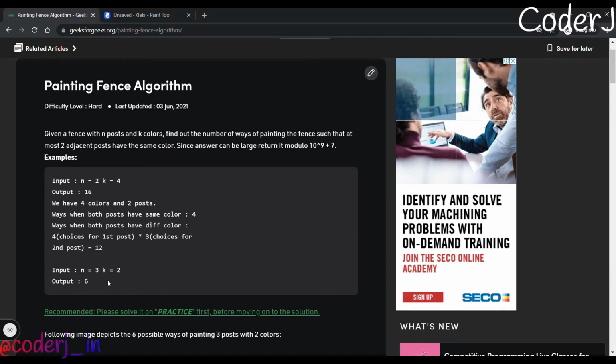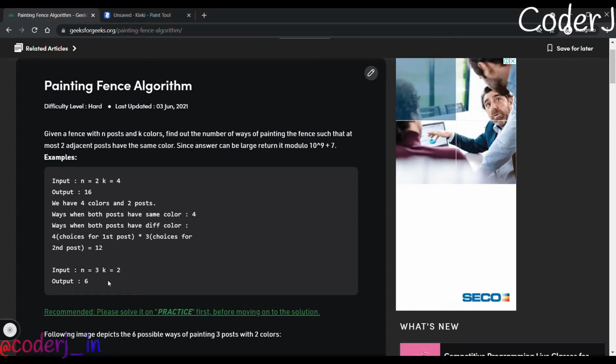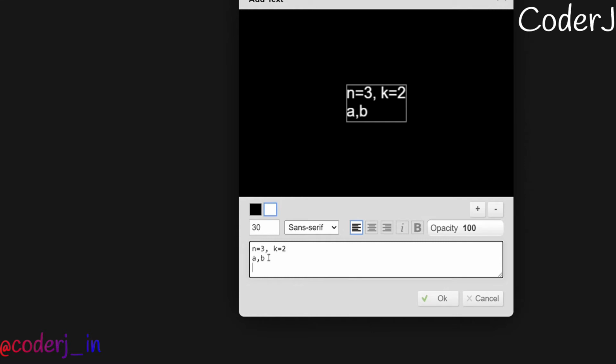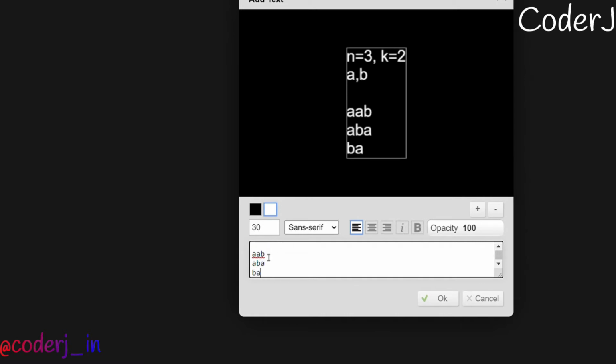But let's try to actually find out the success patterns. Let's draw them out here. What can be the success patterns? We have n as 3 and k as 2. Let's assume we have two colors A and B. One pattern can be A, A, and B. What can be the other pattern?